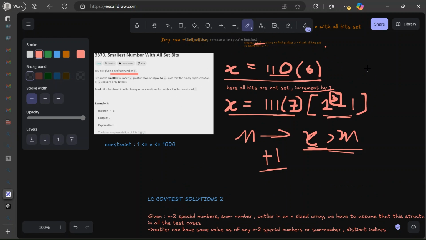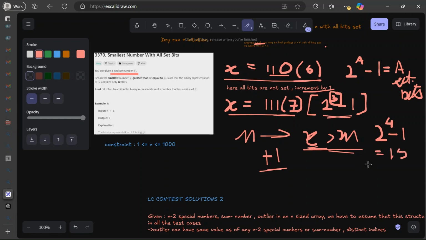So we can see a pattern: 2 raised to a minus 1 would give me a set bits. Let's try it out with 4. 2 raised to 4 minus 1 equals 15.